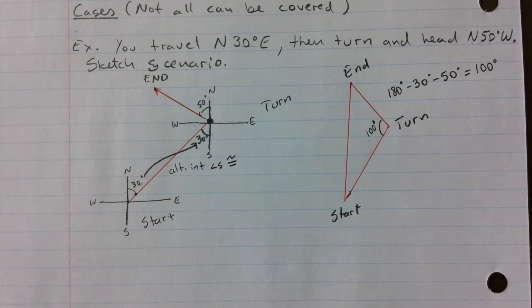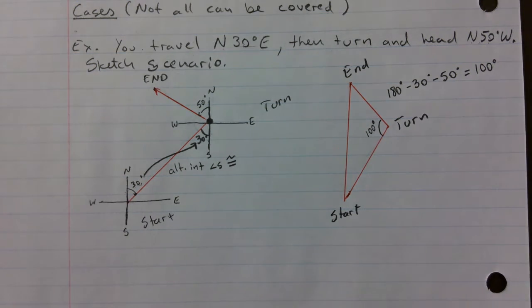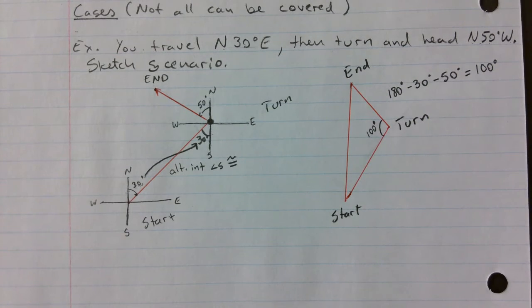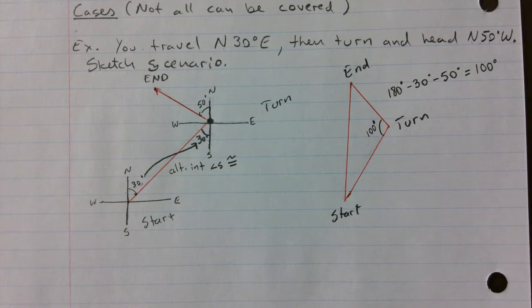Do you know any other angles inside that triangle? Is the 30 part of my triangle? It kind of looks like it, right? So that's always the trouble. Unless the question tells you that when you travel this way, you end up exactly lined up with your starting point, we're always going to assume that we're falling short or that we're shooting past.